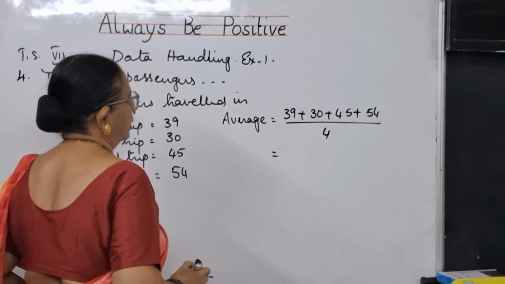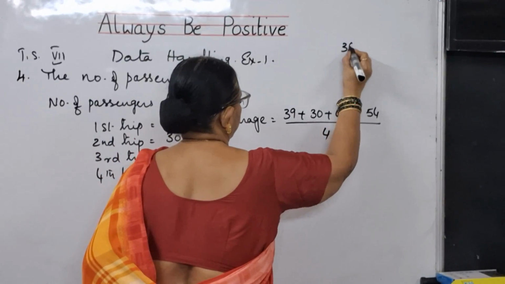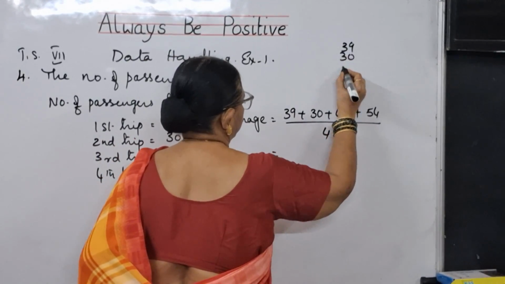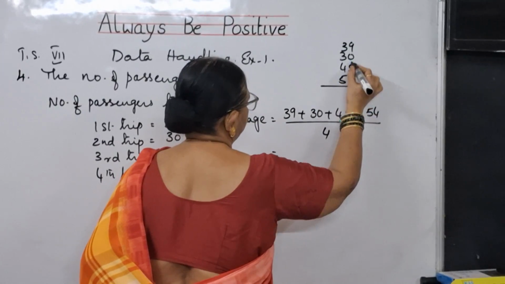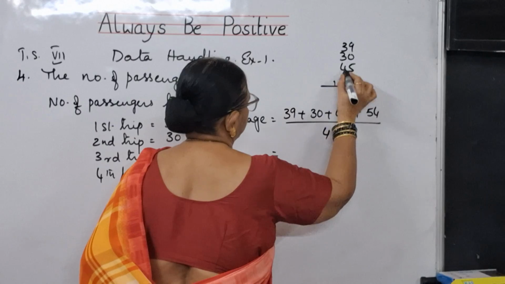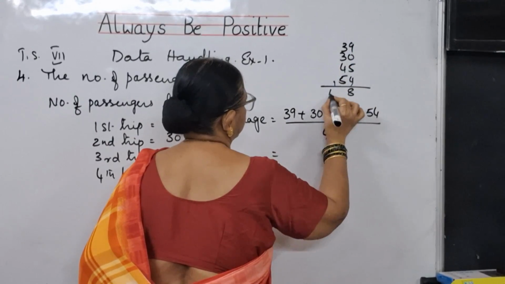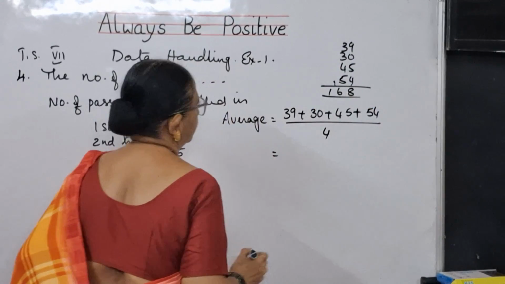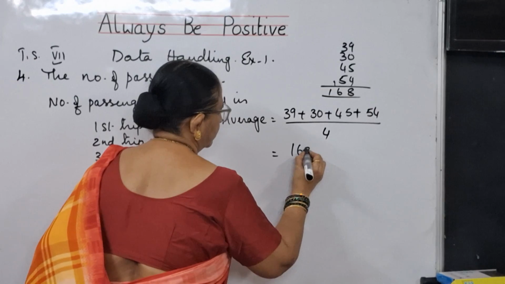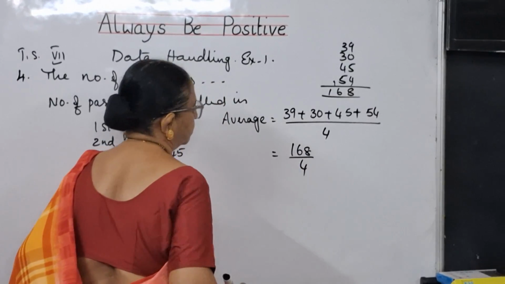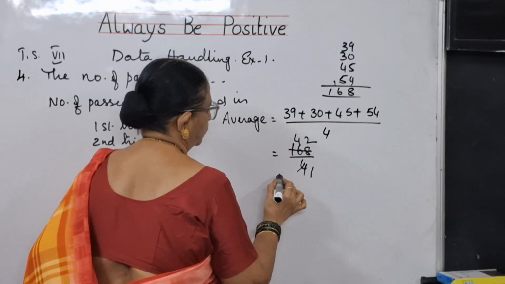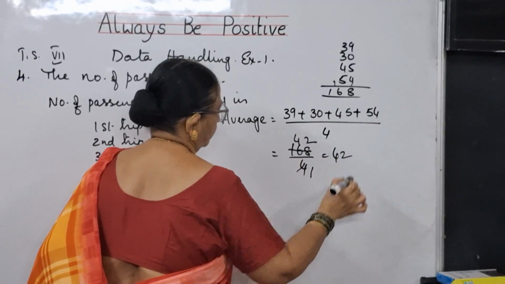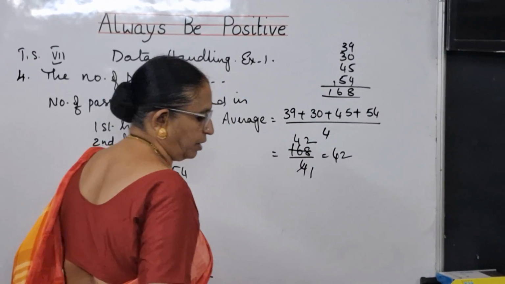So when we calculate this, 39, 30, 45, 54, we get 168. So 168 by 4. 4 ones are 4, 4 fours are 16, 4 twos are 8. So this is 42.